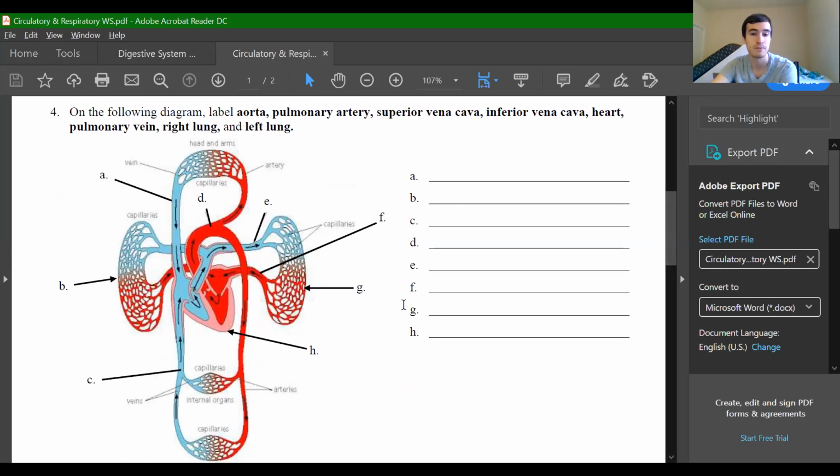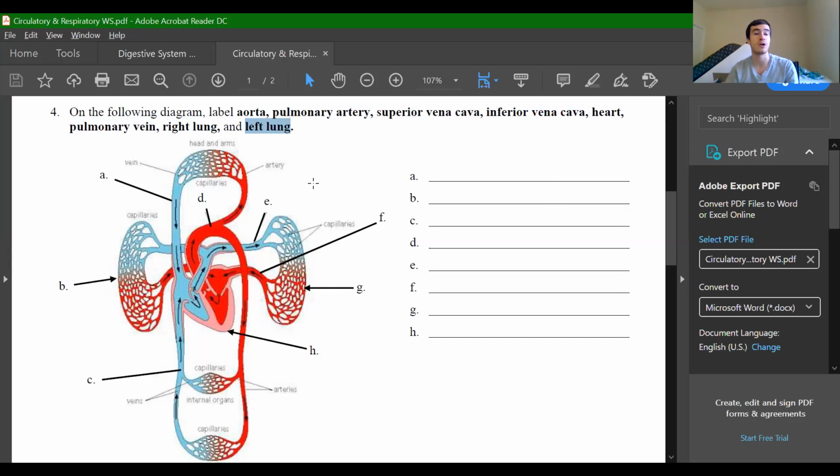So again, we have A through H, and you're going to be looking for the aorta, the pulmonary artery, the superior vena cava, the inferior vena cava, the heart, the pulmonary vein, and the two lungs, the right lung and the left lung.